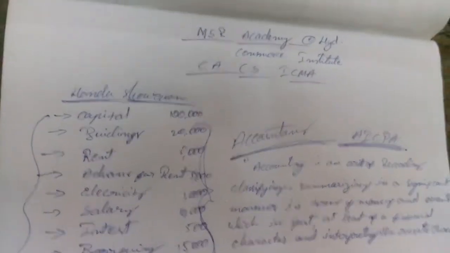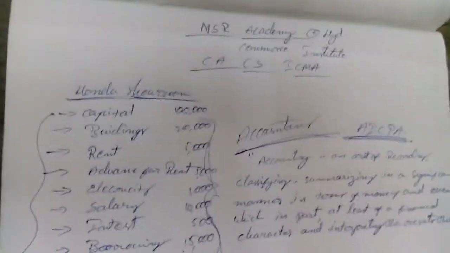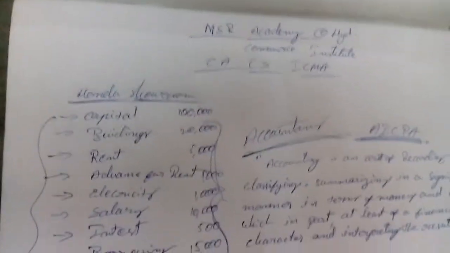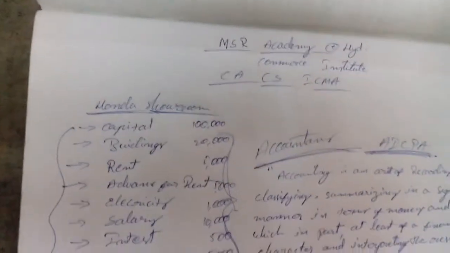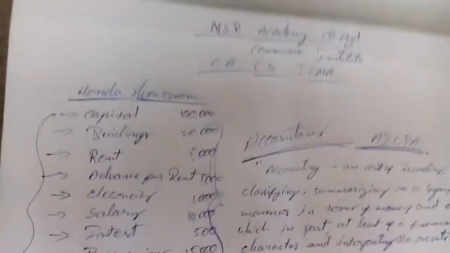Science means it is proved. Accountancy is both art and science, because we prove the results, and art means we write down the previous transactions in accountancy.